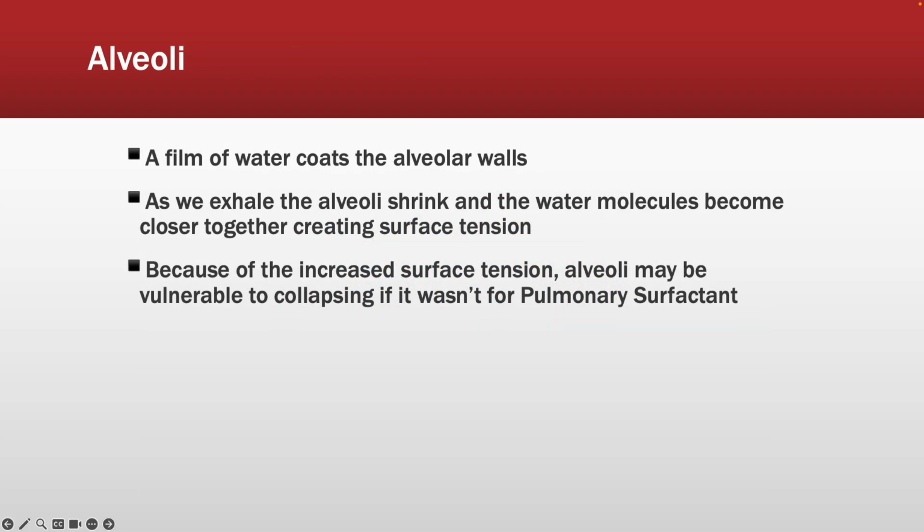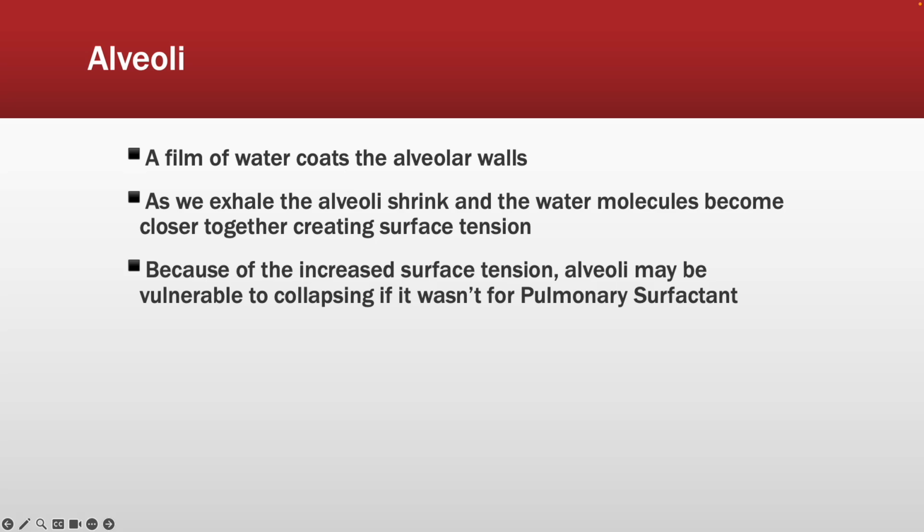In the alveoli, there is a film of water that coats the alveolar walls. As we exhale, the alveoli will shrink and the water molecules become closer together, creating surface tension. This is what helps keep the alveoli from collapsing completely.